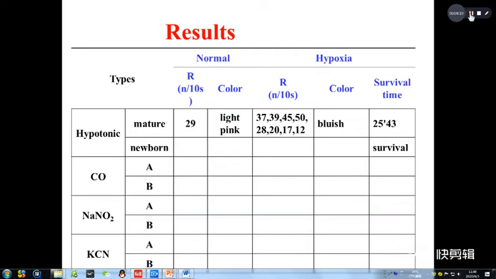Now the results of the experiment. The normal respiration of the mature mouse is 29. Color of skin is light pink.